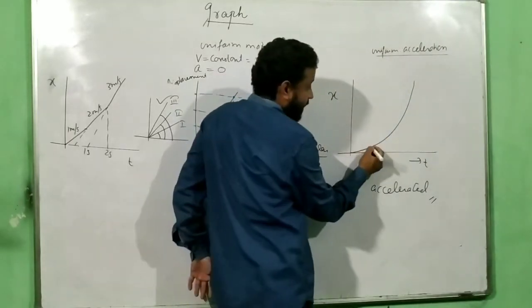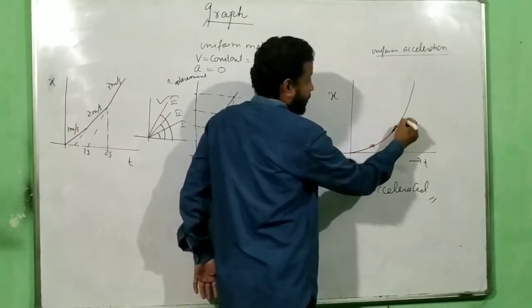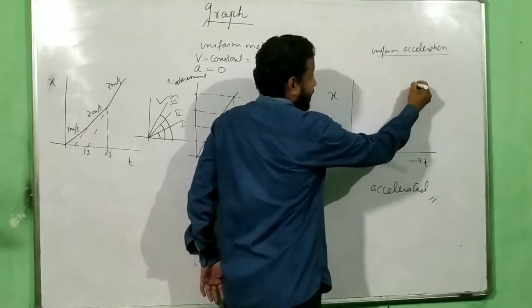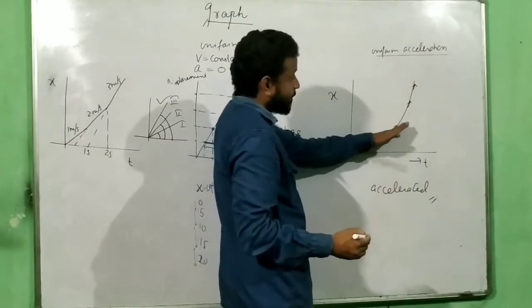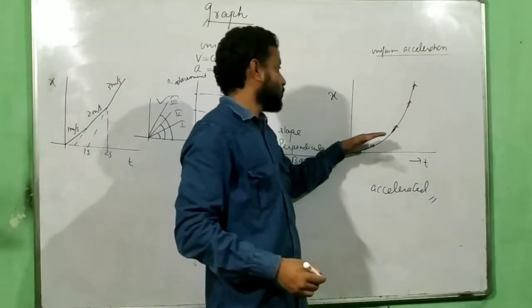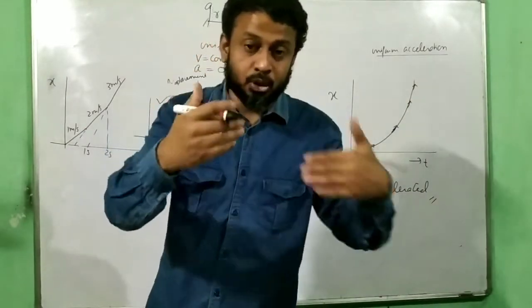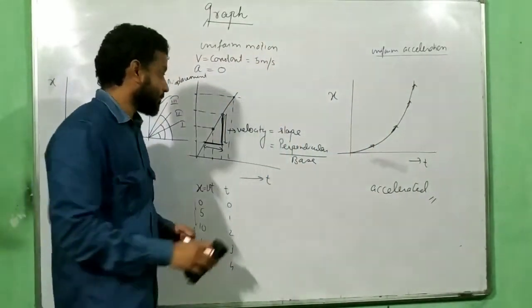It means that the slope over here is becoming steeper and steeper and steeper. This is the case when the body is moving with accelerated motion. That means its velocity is continuously increasing.